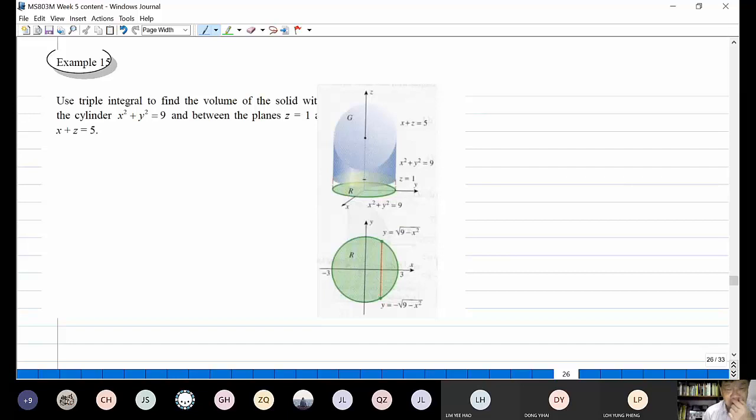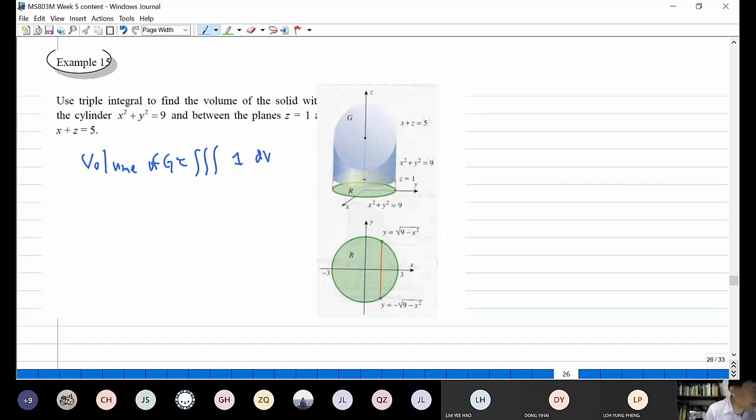Okay, let's look at the picture there. There's a gap between z equals 0 and z equals 1, right? So how do you find the volume of this solid? Well, in this case, it is the integration of 1 dV.